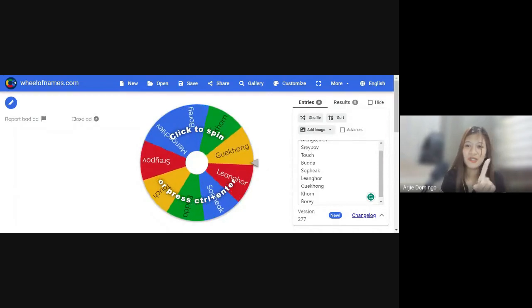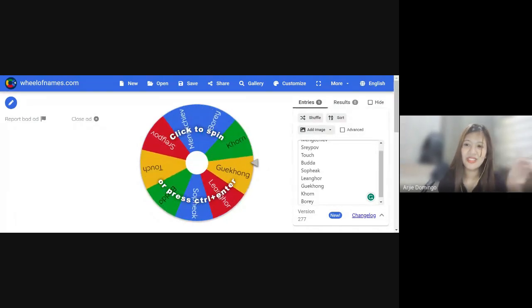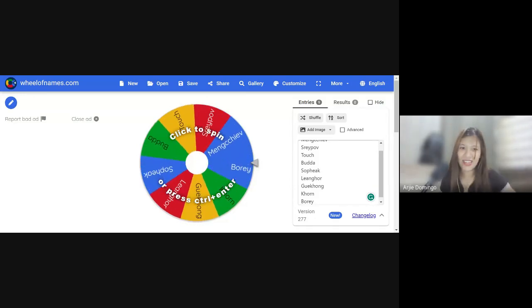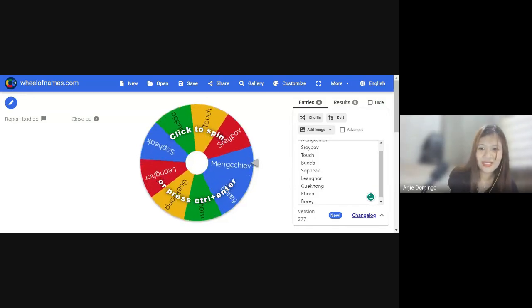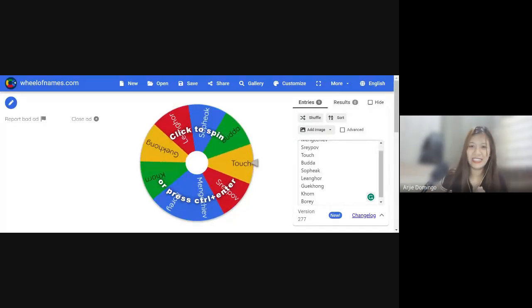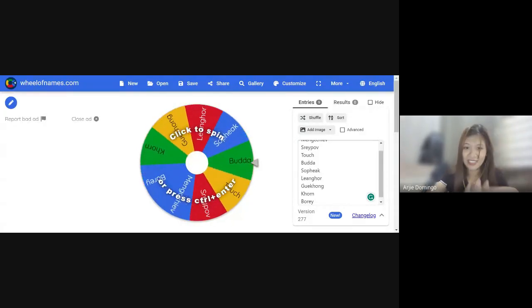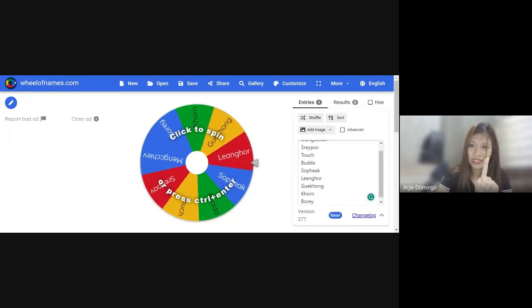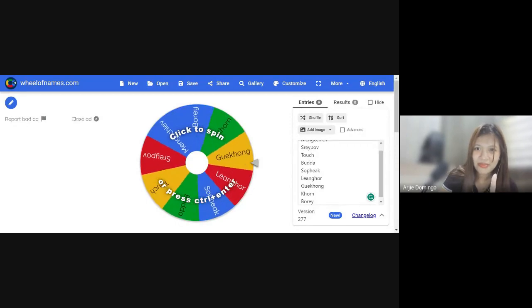The first one to guess the item that your classmate is describing will get 1 point. So you have 10 chances to get the points. Sorry, 9, because one would be yourself. All right. So let's begin.